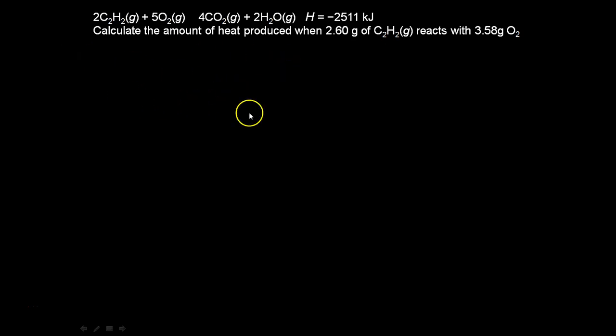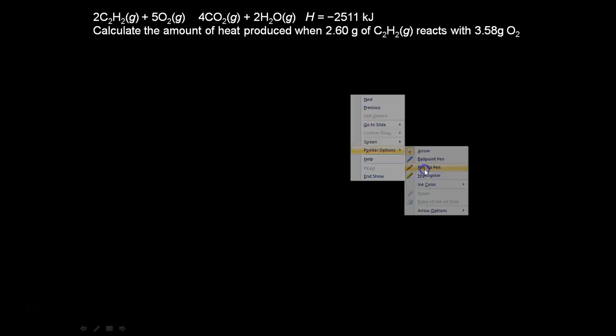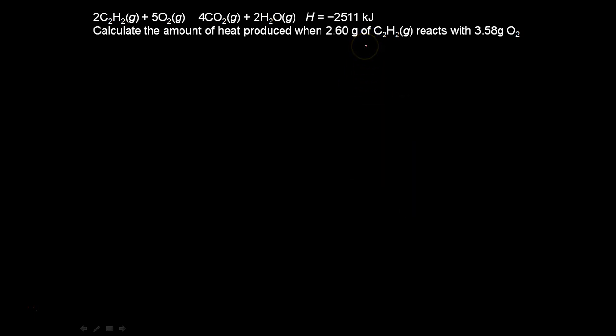So moving back to here, for ethane we are going to have 12.01 times 2, because there are two of them in the formula. And then for the hydrogens, 1.01 times 2.